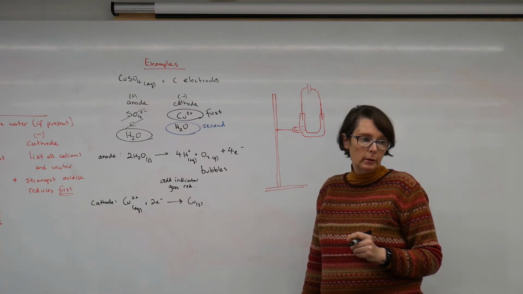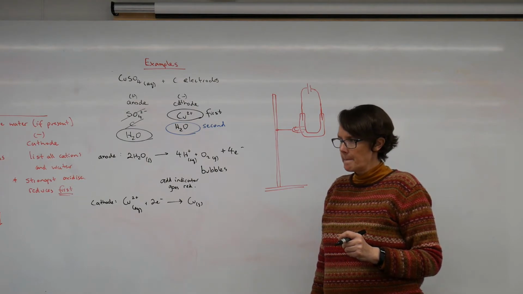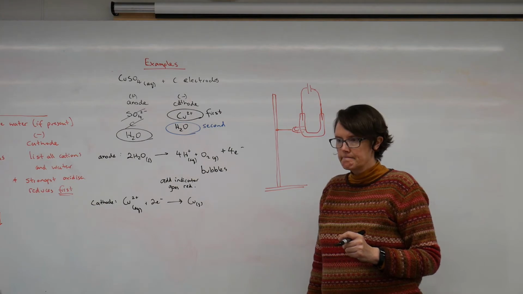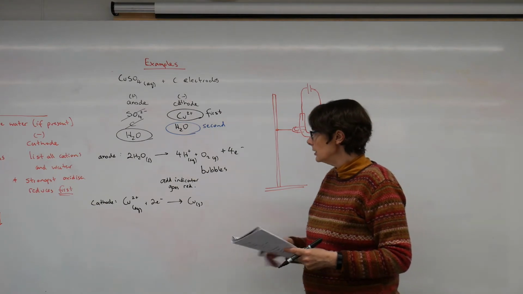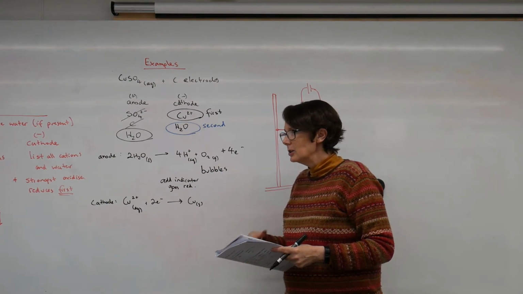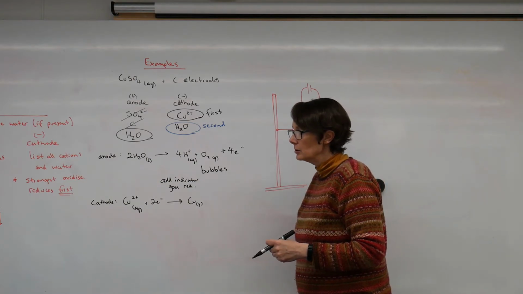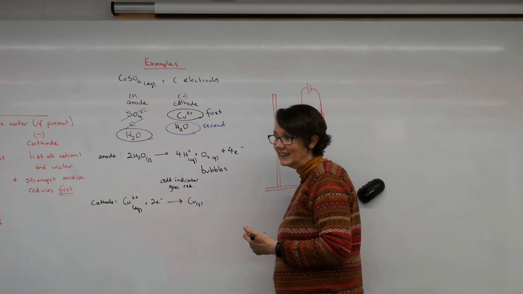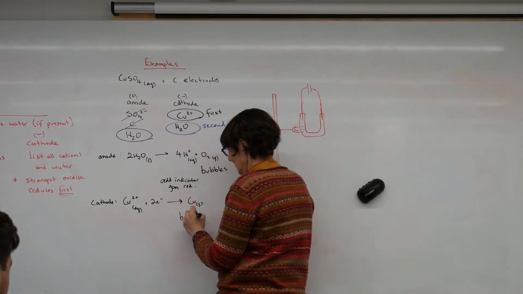What colour is copper? It's metal. Red. We're going to see a metallic deposit on the cathode. Yeah, but what colour is that? It's sort of like a goldy sort of colour. Oh, coppery colour. Copper.